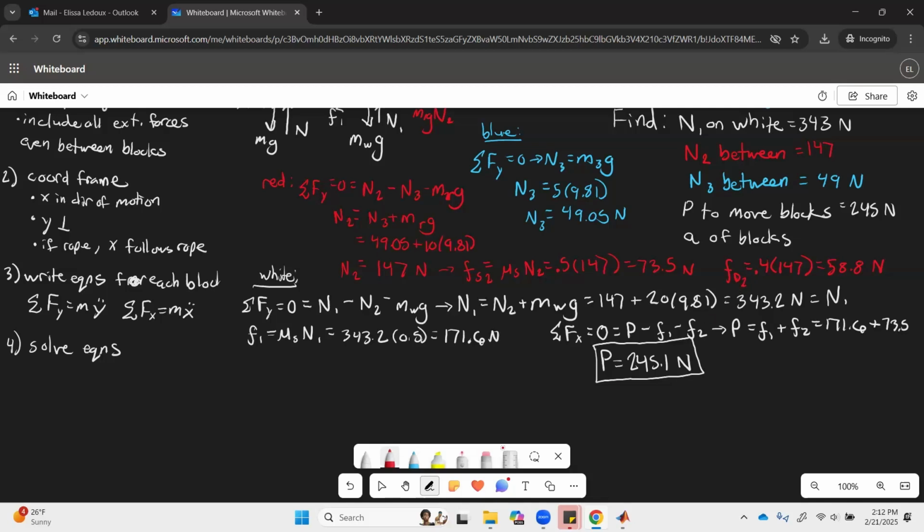And then we need the dynamic friction for 1. So to say that there is F1S. And then we're going to have F1D equals mu D times N1, the normal force, which was this 343, times 0.4.